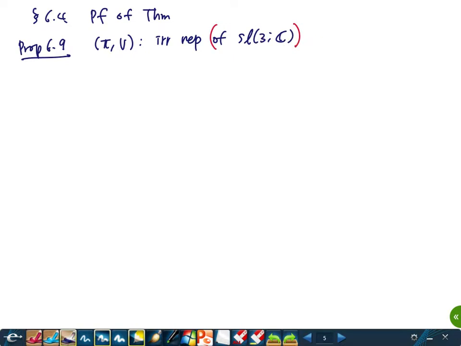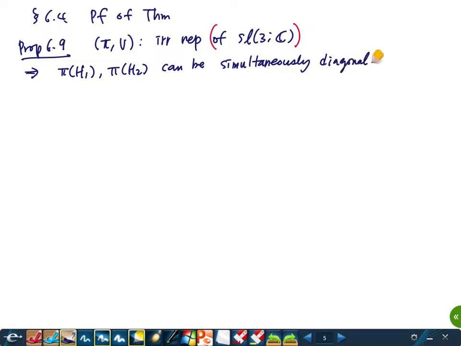If I don't say anything, then pi h1, pi h2 can be simultaneously diagonalized.